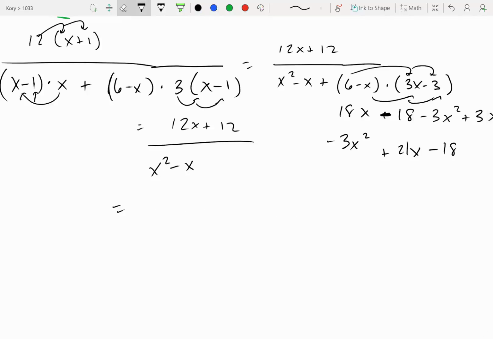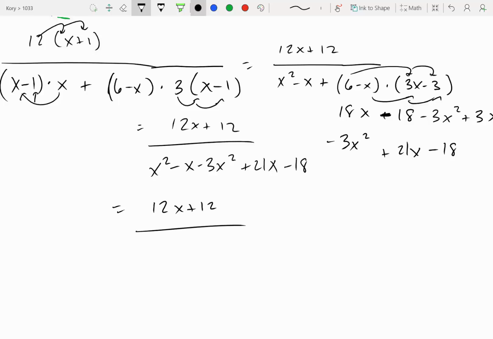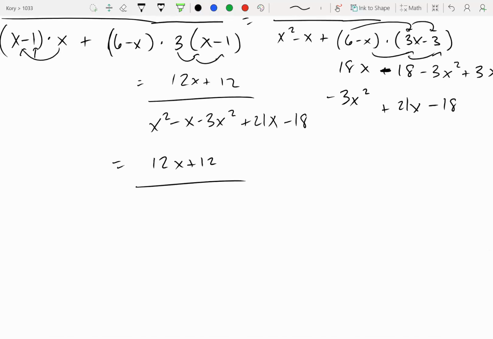We include that with our denominator, negative 3x squared plus 21x minus 18. Now we combine like terms in the bottom. So we have negative 3x and positive x squared, leaves us with negative 2x squared. Negative x and 21x is negative 20x, and then minus 18. And not going to go anywhere from there. That's the final answer.